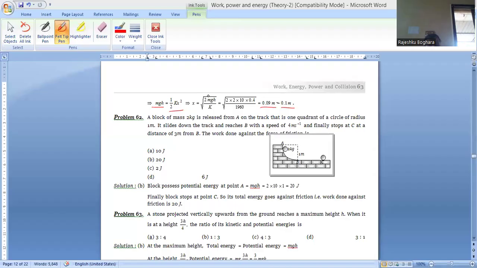So here we write C2 equal to 0, means s is equal to (2P) raised to 1 by 2 by 3 t raised to 3 by 2. 2 को हम स्क्वायर रूट में ले जाते, 2 का स्क्वायर 4 होगा, 4 इंटू 2 8 होगा, और 3 को स्क्वायर रूट में ले जाते हैं तो उसका स्क्वायर 9 होगा. तो s is equal to (8P by 9m) raised to 1 by 2 t raised to 3 by 2. तो ये भी हमें याद रखना है, s proportional to t raised to 3 by 2 और here v proportional to t raised to 1 by 2. ये हमें याद रखना है.